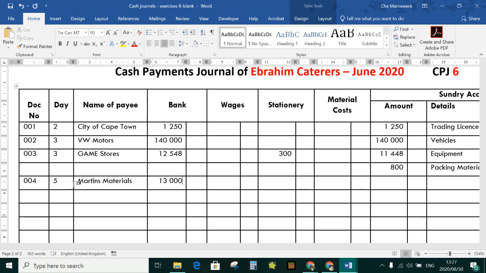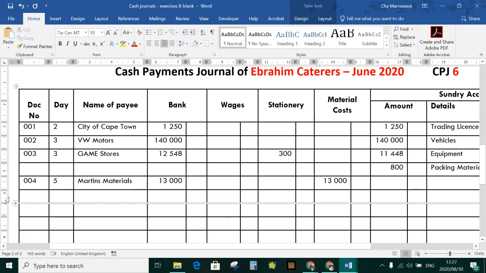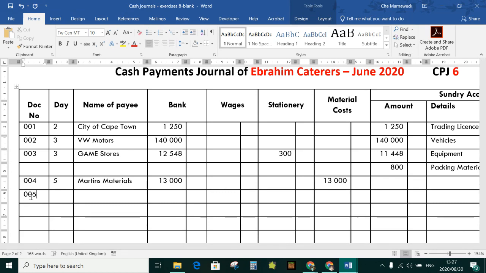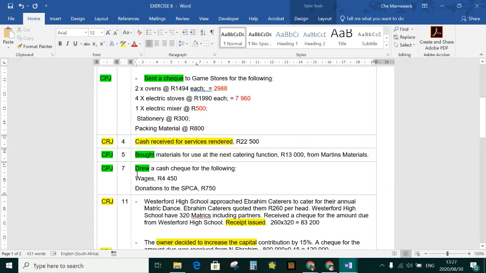So it goes into bank because it's coming out of our bank account. So we're paying for that. And do we have a column for material costs? Yes, we do. So we make sure we're in the same line and we record the 13,000 Rand for material costs. Move on to check number 005 and we look at what's happening at the next transaction.